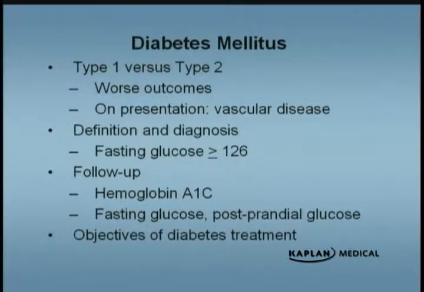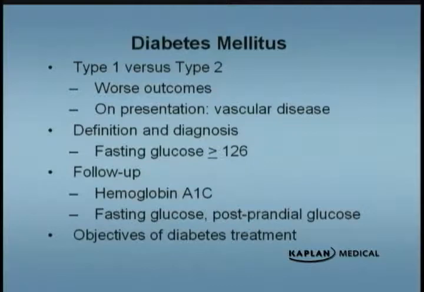Then there were other theories about doing a glucose load and finding a sugar over 200 after 2 hours. But now we've simplified everything, and I want you to stick to this definition. No matter what the books say, this is the easiest way to diagnose diabetes, and it is the more reproducible test.